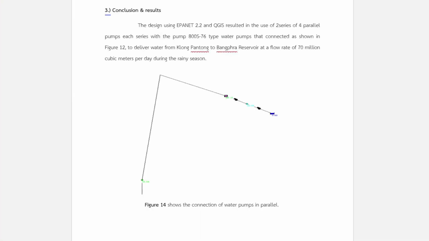By designing using EPANET 2.2 and QGIS, we resulted in the use of two series of 4 parallel pumps, each series with a pump of 800S76 type water pump that is connected as shown in figure 12, and to deliver from Klong Pan Thong to Bang Phra Reservoir at the flow rate of 70 million cubic meters per day during the rainy season.